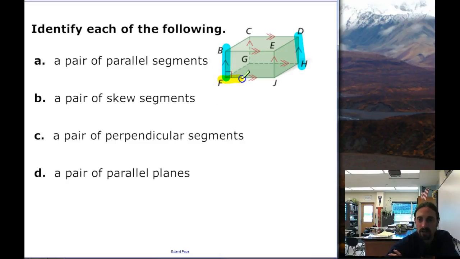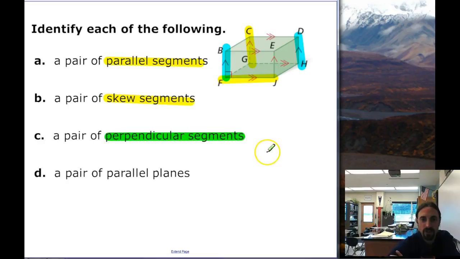FJ. Okay, now let's pick one that is not in this plane. Oh, CG. That's right. They don't intersect. Let me do this. Skew will be gold, blue will be parallel, and green will be perpendicular.